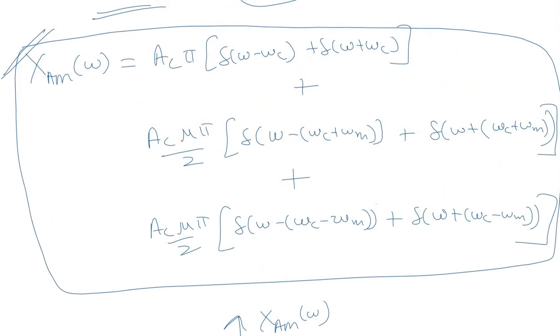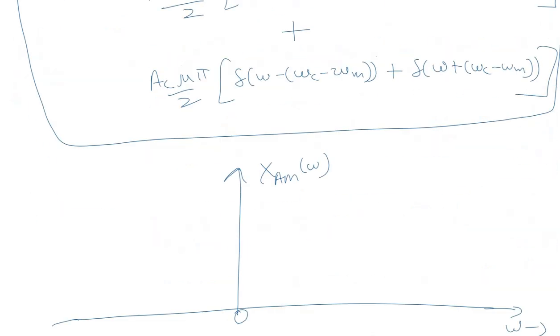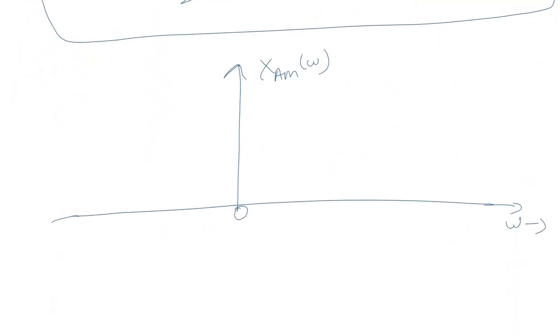The first component is an impulse, a shifted impulse by ω_c and its negative counterpart, right? And the amplitude is A_C π.